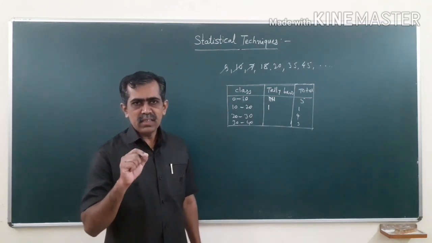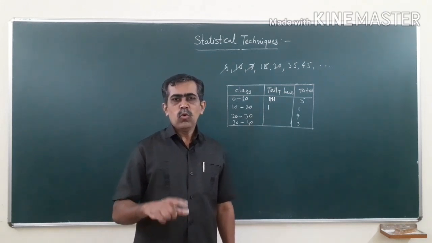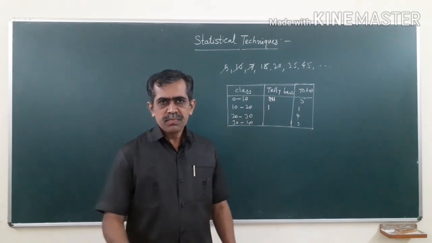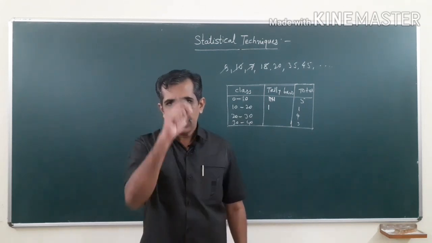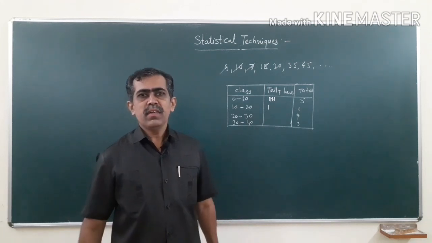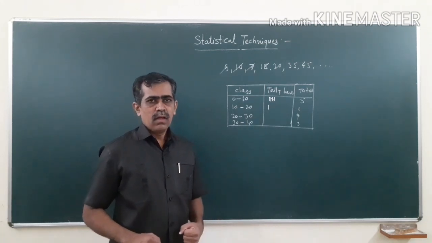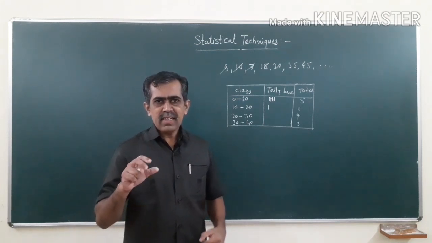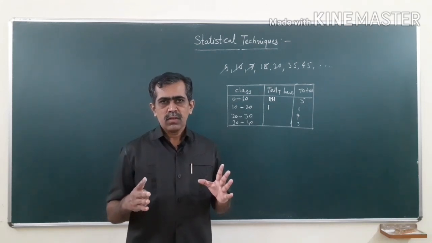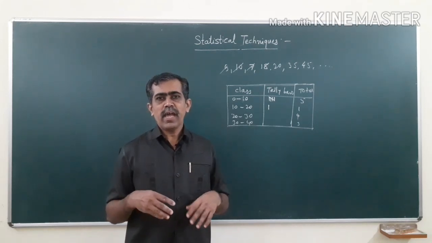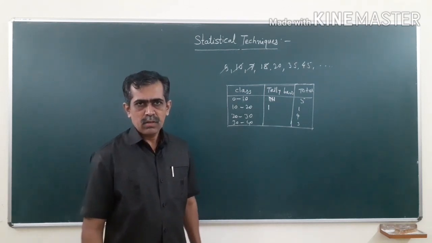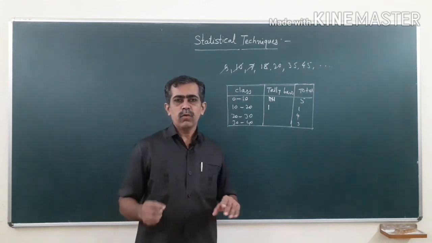So that number 80 is representative of all the marks of the other subjects, and we call it percentage or average marks. Averages are those numbers which represent the given whole data, your mark sheet.